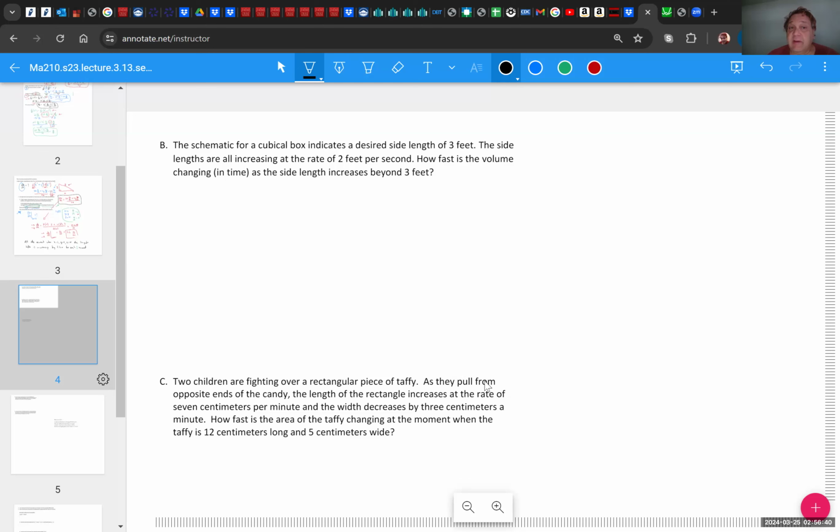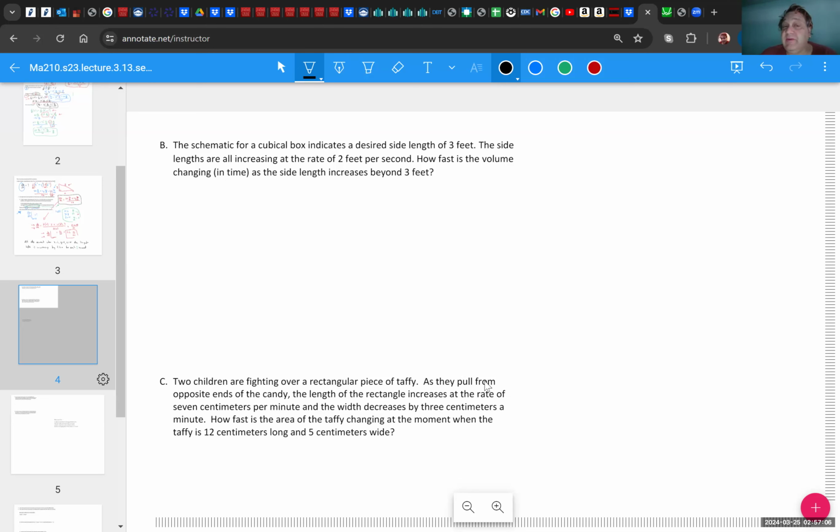It talks about a schematic, which is like a plan for a cubical box, indicates a desired side length of 3 feet. The side lengths are all increasing at the rate of 2 feet per second. How fast is the volume changing in time as the side length increases beyond 3 feet? All right, so that's a simple word problem here. Let's do it step by step, and we can get the solution.